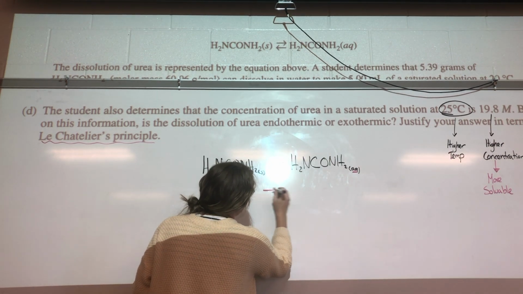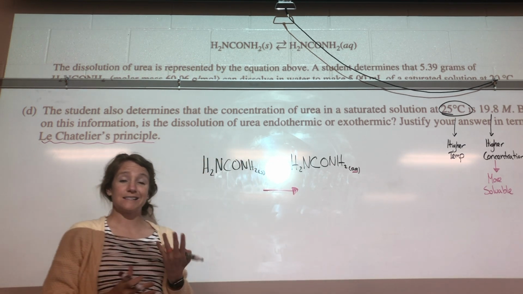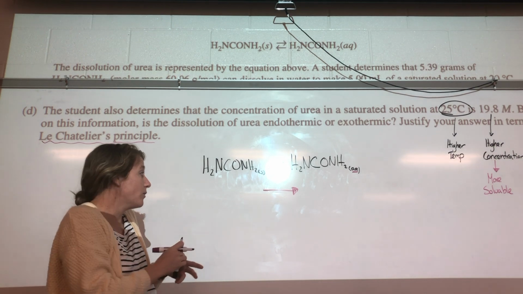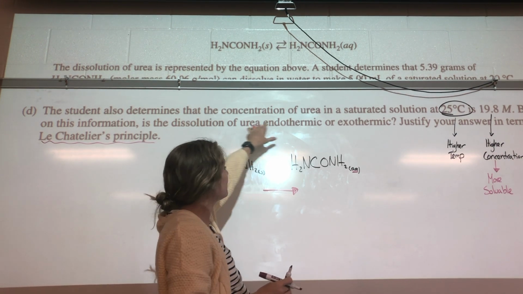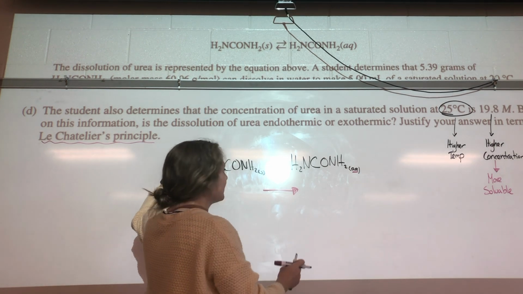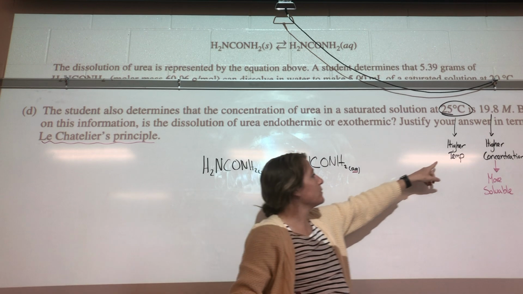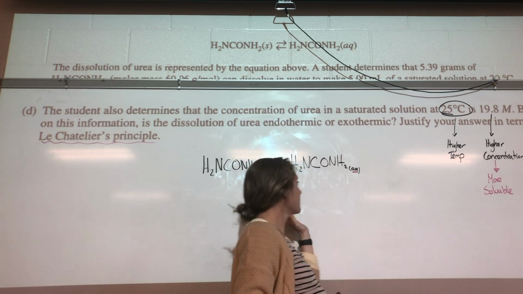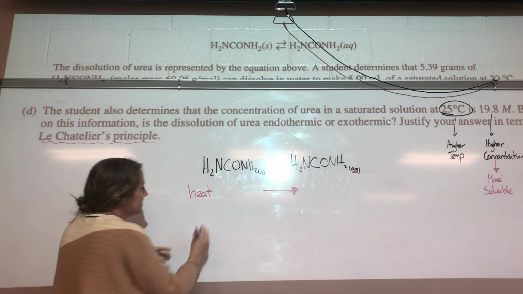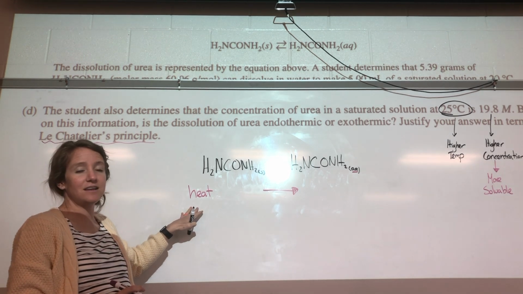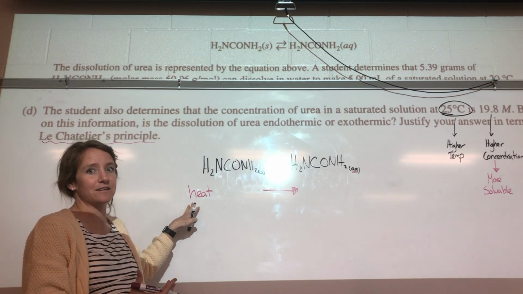So that means our reaction has shifted to the product side. Now, because we're looking at whether it's endo or exo, we're seeing is the heat like a reactant or is the heat like a product. Since when we raised the temperature, it forced it this way, that must mean that the heat is on this side of the reaction, meaning it's endothermic, because heat as a reactant is endothermic.